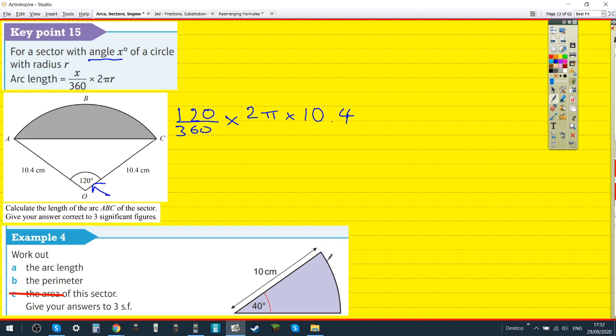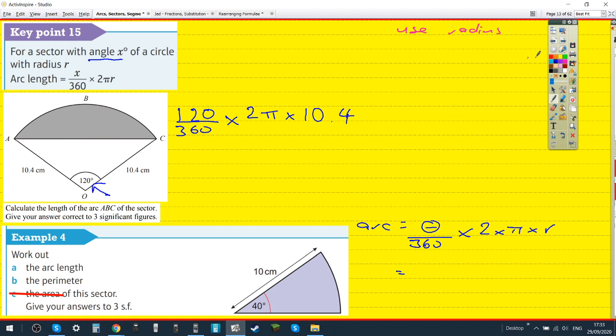Before that, okay, arc length for the bottom one. So you can just sub them into the formula. It'll be a fraction of 2 pi r. So it's the angle out of 360 times 2 times pi times radius.